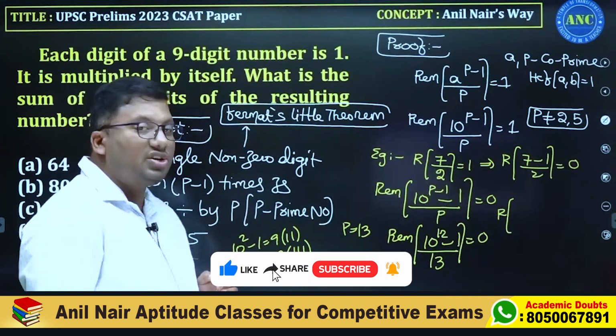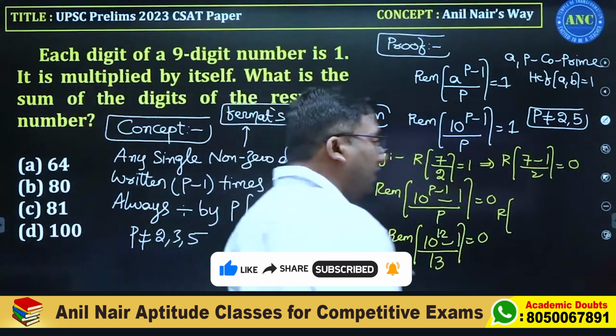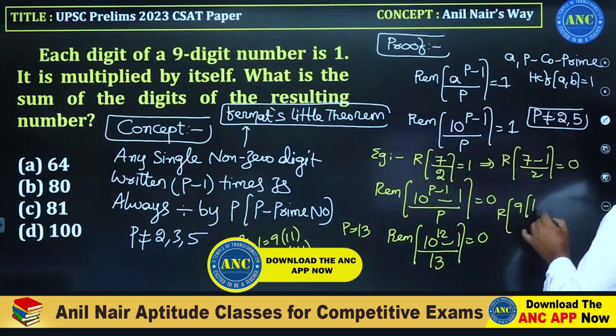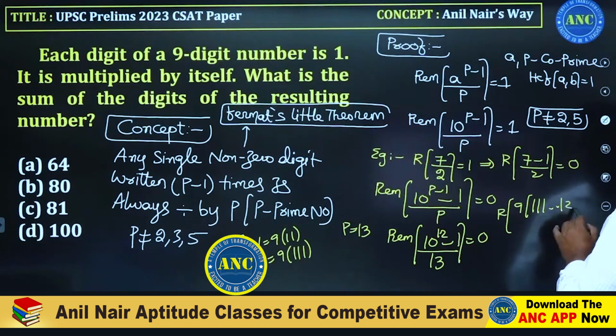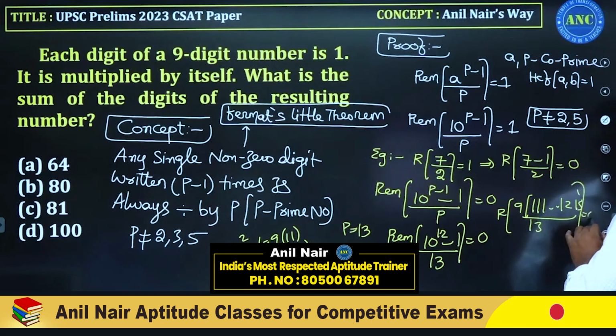So this will be 9 into 12 ones divided by 13, equivalent to 0.